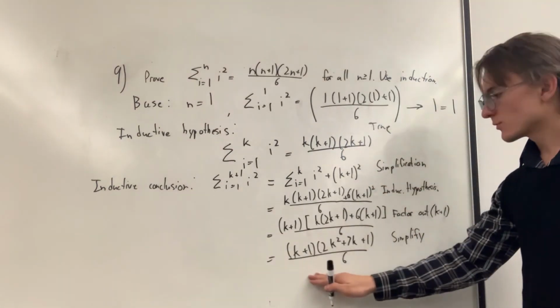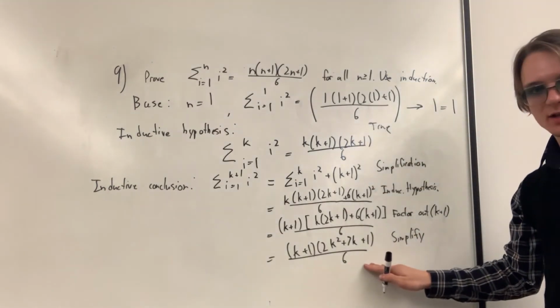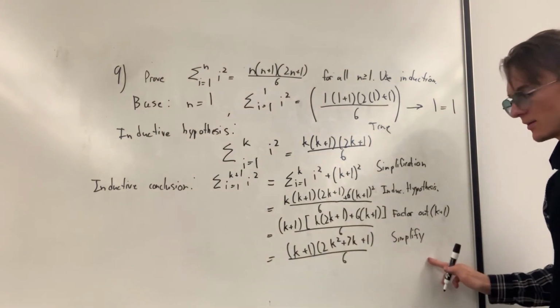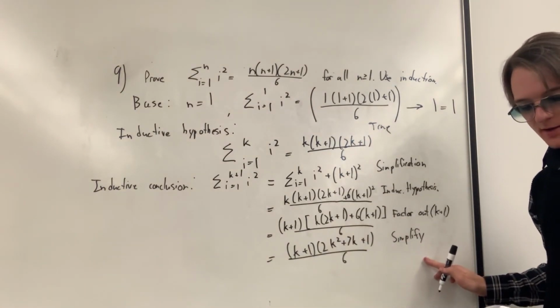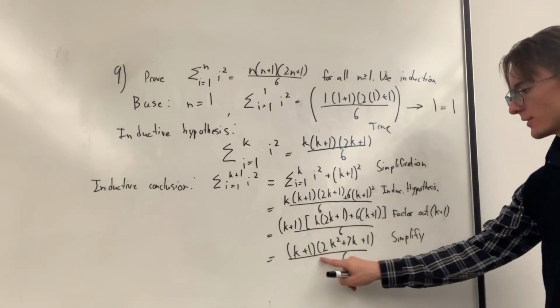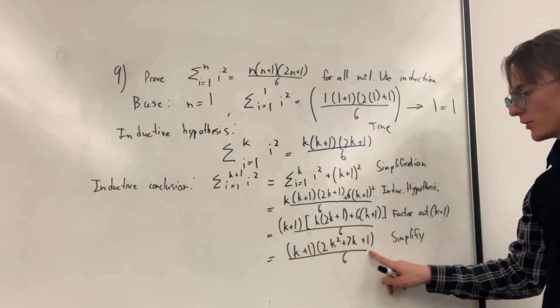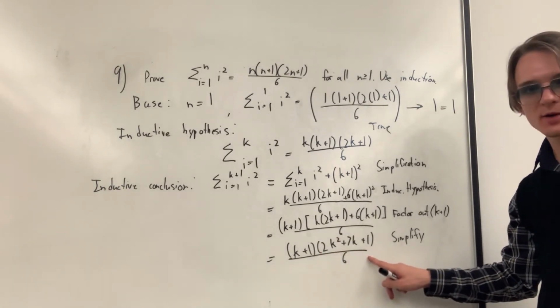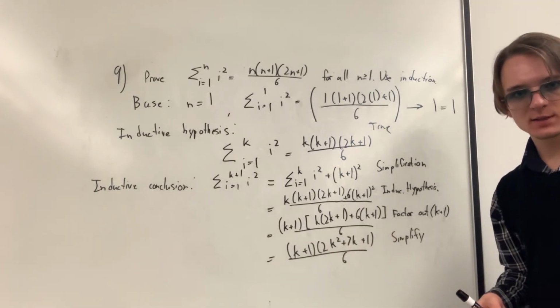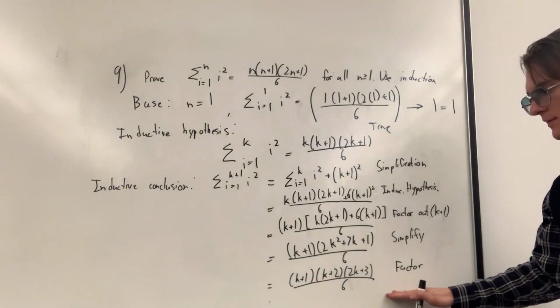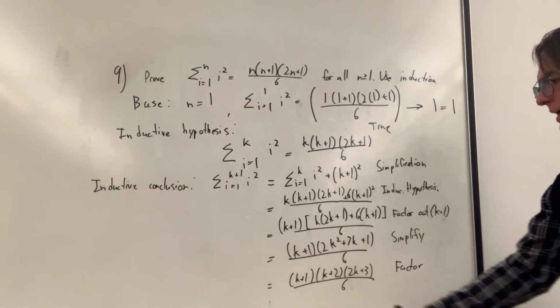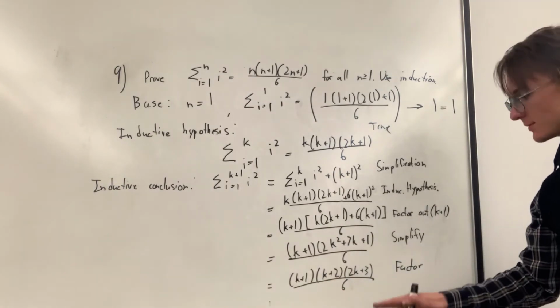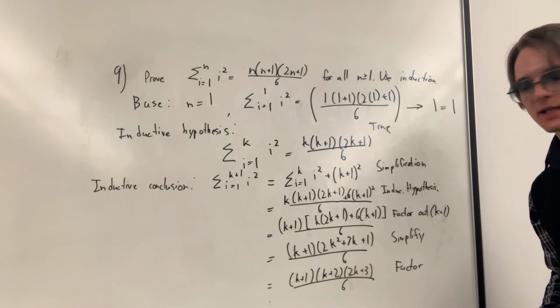So we have k plus 1 times 2k squared plus 7k plus 1 all over 6. We got this by simplifying. From there, let's take this polynomial here, 2k squared plus 7k plus 1, and convert it into something more simple. So we factor this final step, and we see we have an integer times some integer divided by 6.